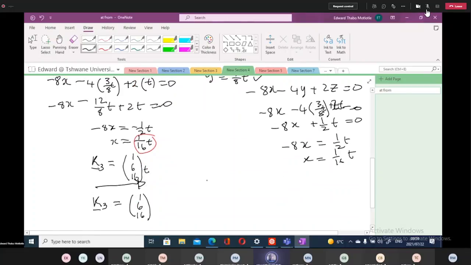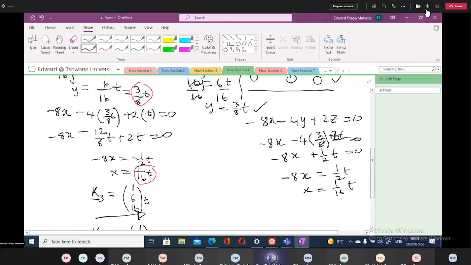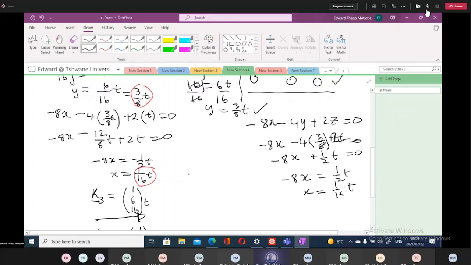Now, this simplifies to 1, 6, and 16. Okay. So the question is, how did I reach that point? Okay, let's write it in this way. K3 equals to, let's write it the way this is t, 3 over 8, 1 over 16.